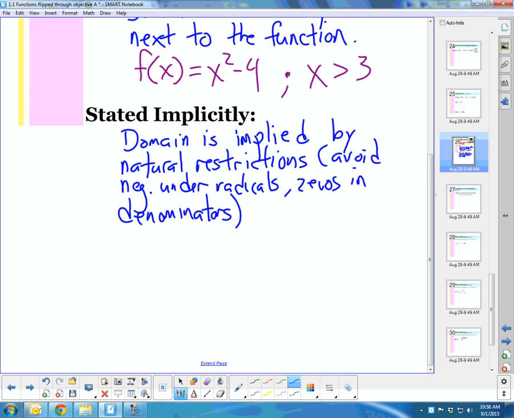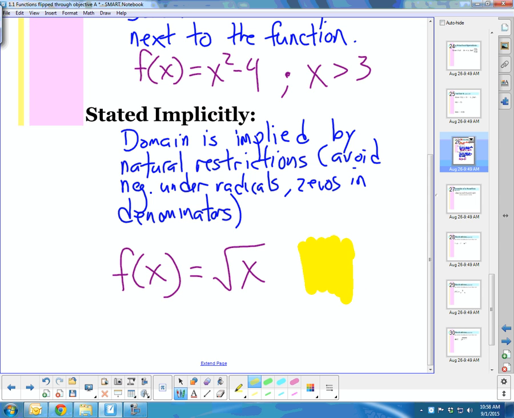For example, if we had the function f of x equals the square root of x, and we just had that function, there is no domain stated next to it over here. It's nothing there.